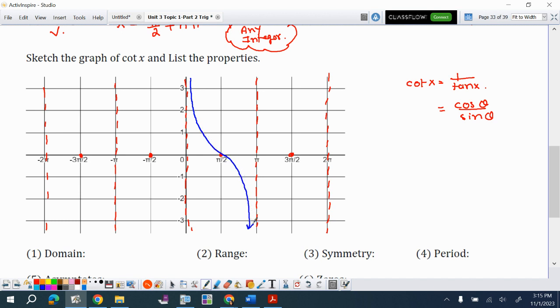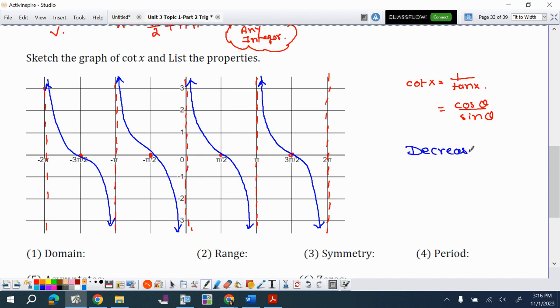So this is a cotangent graph, very similar. It's a decreasing graph. Understand the relationship between tangent and cotangent. They are reciprocals of each other. Whenever one has an asymptote, the other has a 0. You can clearly say it is decreasing over its domain.